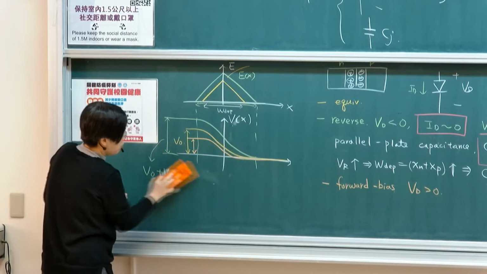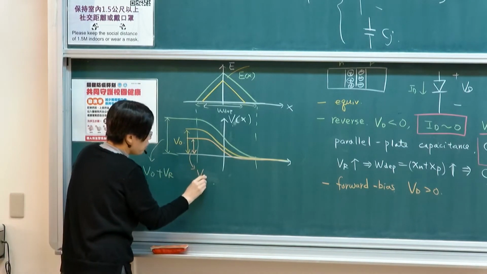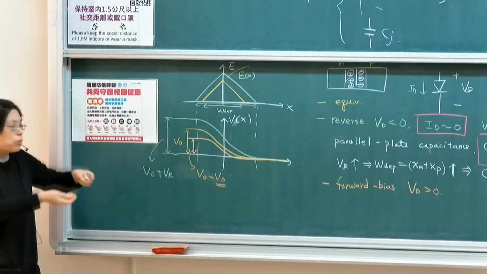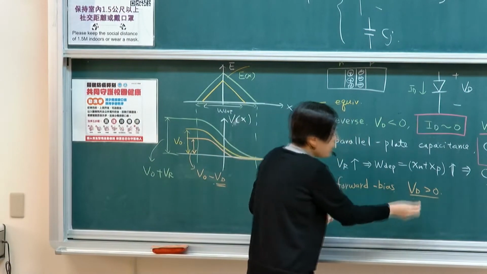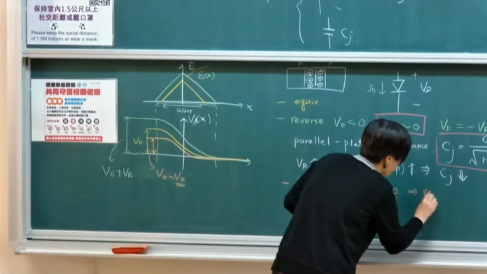This will simply be VO minus VD. Now VD is positive, therefore you're reducing the barrier. So the first observation is that by applying a positive voltage, we'll have a reduced barrier.